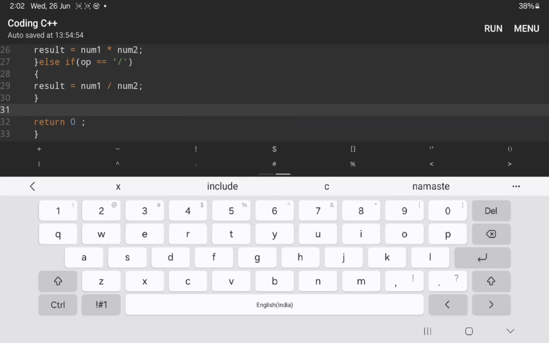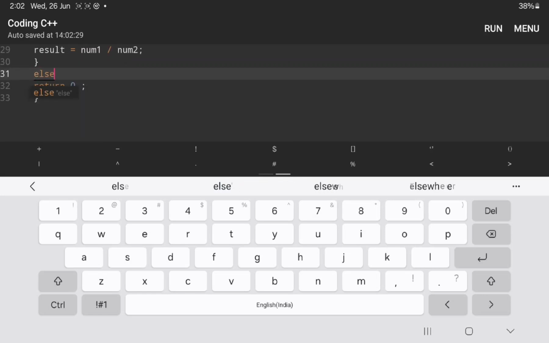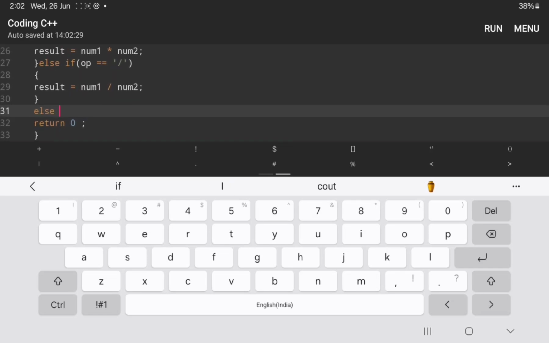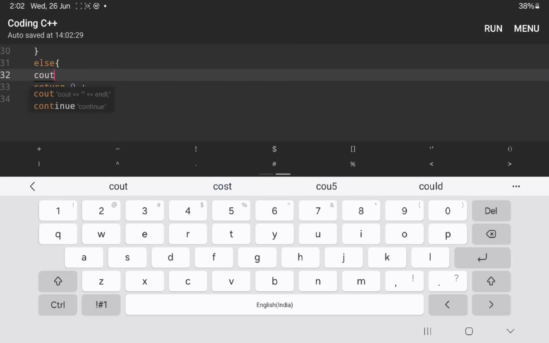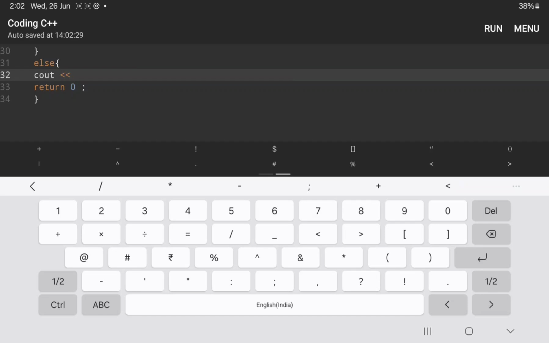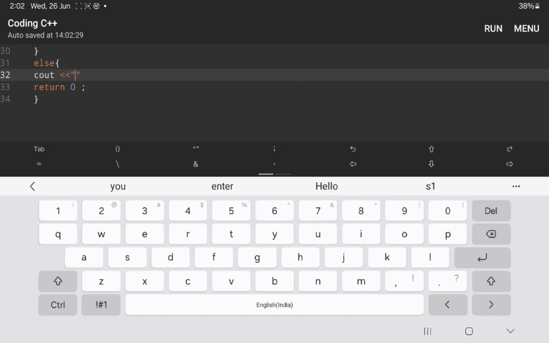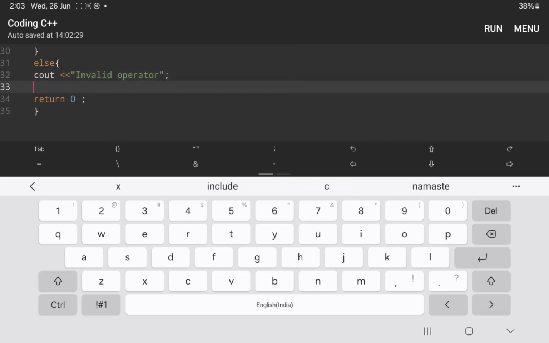have an invalid operator. We are going to write else and curly brace, open curly brace, and write cout, double quotes, invalid operator, and semicolon, close brace.